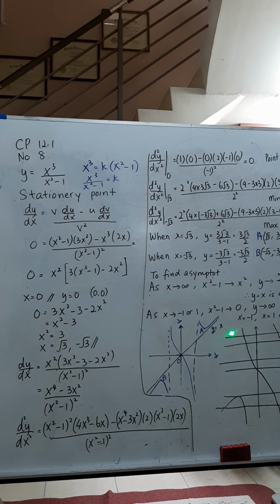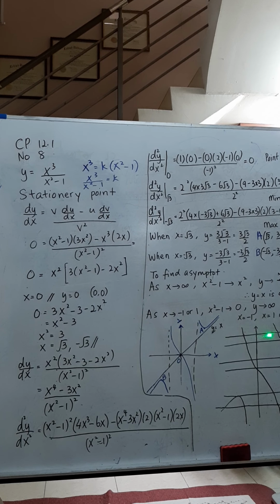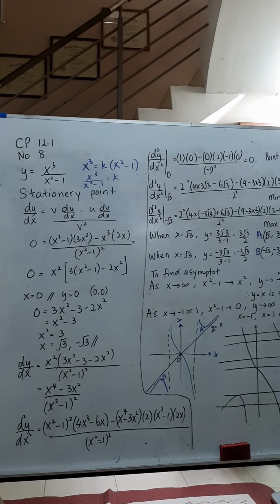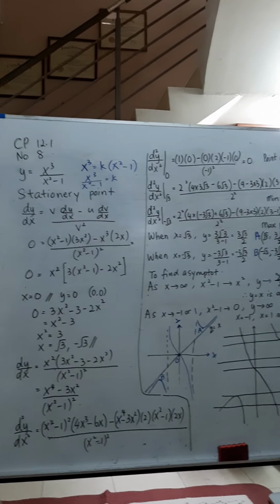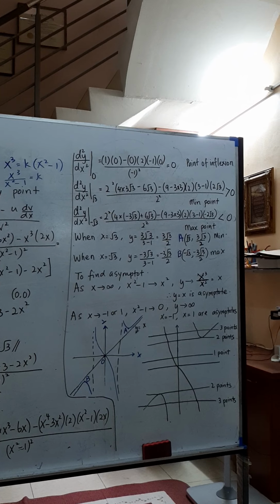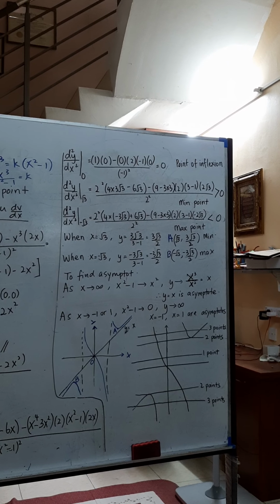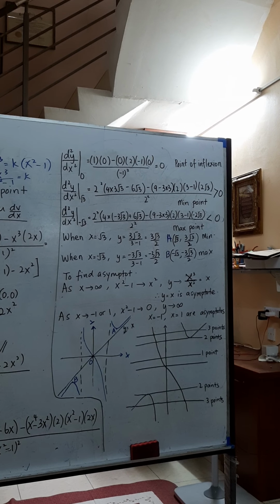Now, if k is a positive number with a value greater than the minimum point, greater than 3 root 3 over 2, how many roots do you get? 3 roots, right? 3 points. That's the answer. When k is greater than 3 root 3 over 2, you have 3 points.